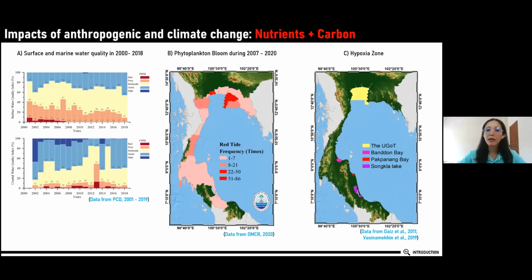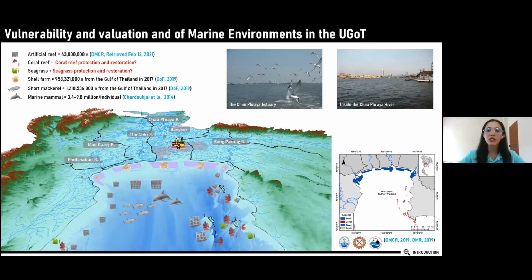And the upper Gulf of Thailand is a core economy and biodiversity area in Thailand. The bigger picture shows the location of the upper Gulf of Thailand with coral reef, seagrass, seashell farms, and also important marine species, for example, chub mackerel, or in Thai called plathu, and marine mammals.